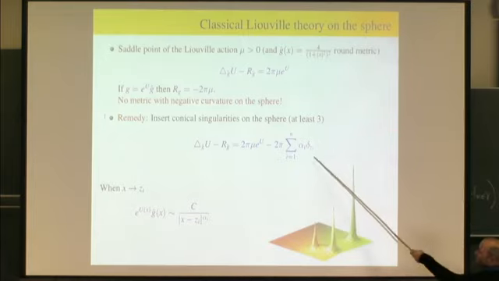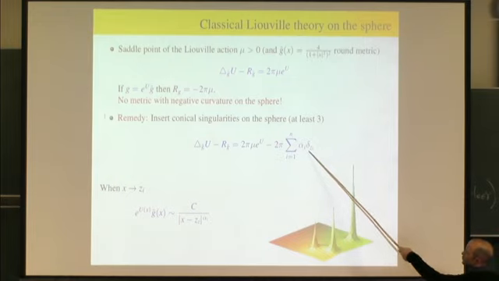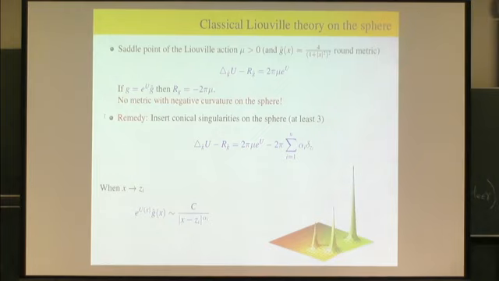Each time you plug an insertion curvature bump here, you destroy a bit the shape of your surface, and this blowing up must not be too strong. This condition reads like this. If you satisfy these two conditions, this is the Gauss-Bonnet theorem, you can find a solution to this equation.